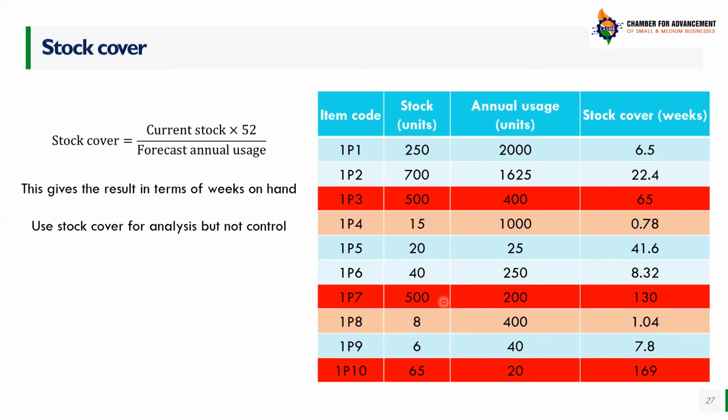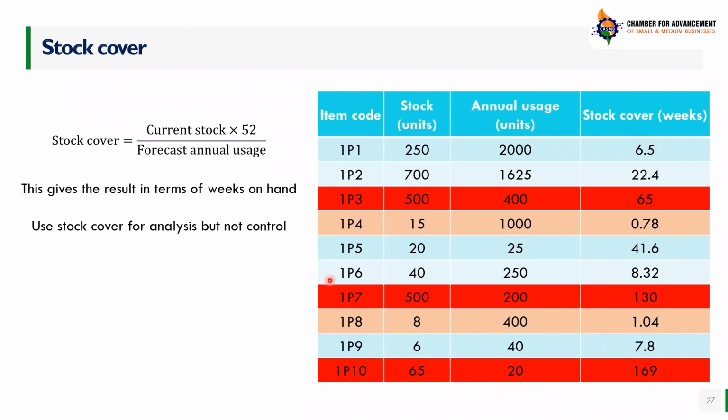Same is the case here, and this is even more than that. 500 units are in stock and annually we just require 200 units. So this stock is sufficient for more than 2 years. Similar is the case here. 65 items in stock and we just need 20 units per year. So 169 weeks this stock will last.